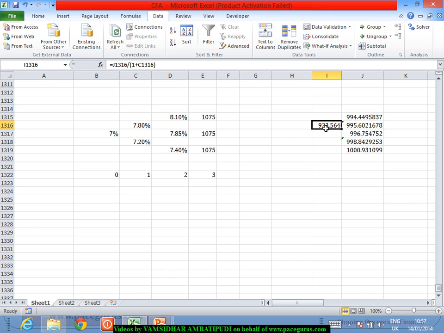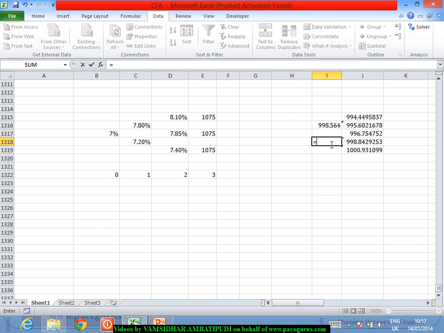Along with this, there is a 75 that is coming as a cash flow in year 2, because that is also coming in year 2. I am adding another 75 to it. Okay, 75 is a cash flow that is coming in year 2. So the value of it is becoming 998 here.